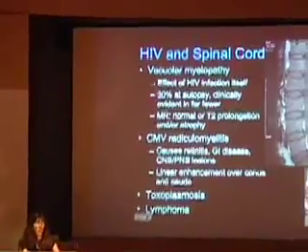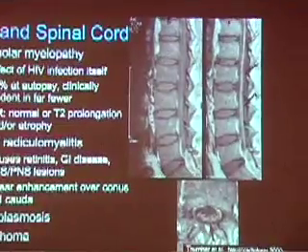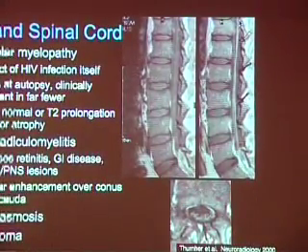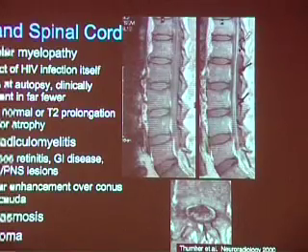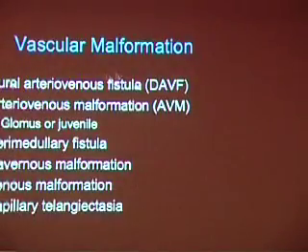Here's an example from the literature of a patient who had polyradicular symptoms as well as myelopathic symptoms. You can see this diffuse enhancement over the conus that extended down into the cauda equina, and on the axial images we have enhancement of the roots of the cauda equina in an HIV-positive patient.